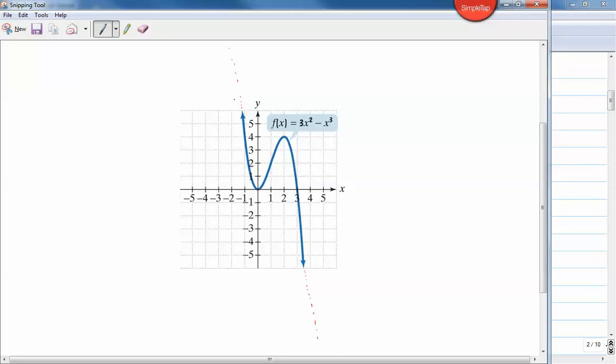So if we want to describe the intervals of this graph, I want to always start on the left side. Since this graph is going up and out forever, I want to open my first interval with negative infinity. So parentheses, negative infinity. And then what am I doing from left to right? I'm decreasing, decreasing, decreasing, decreasing until I get to x equals 0. So from negative infinity to 0, this function is decreasing.